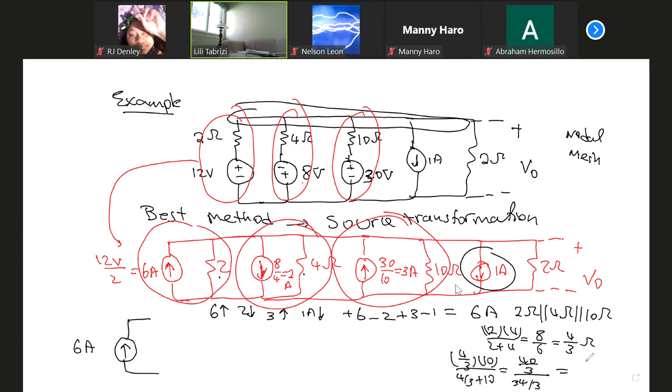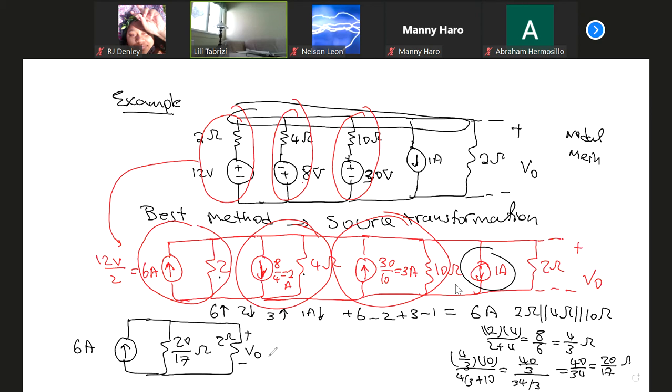So the total resistance is 40 over 34. If you simplify, it's 20 over 17 ohm. So I put 20 over 17 ohm, and then I have 2 ohm here. You have the option. I show you both options.